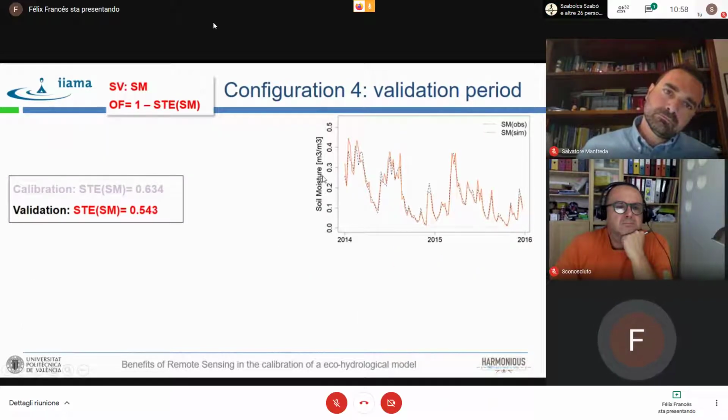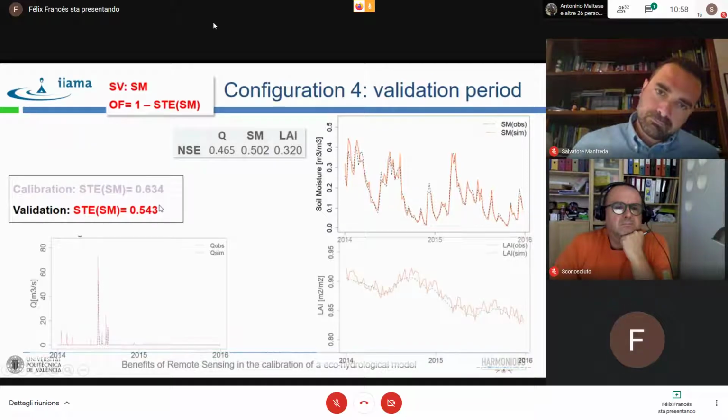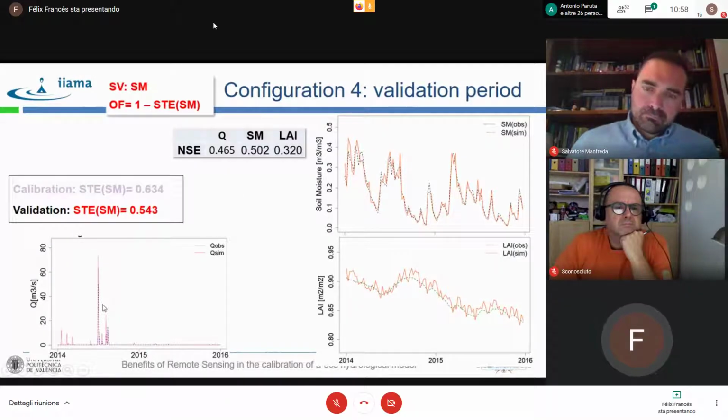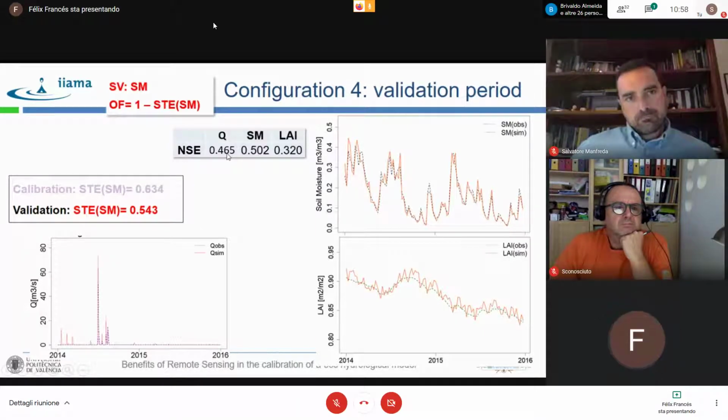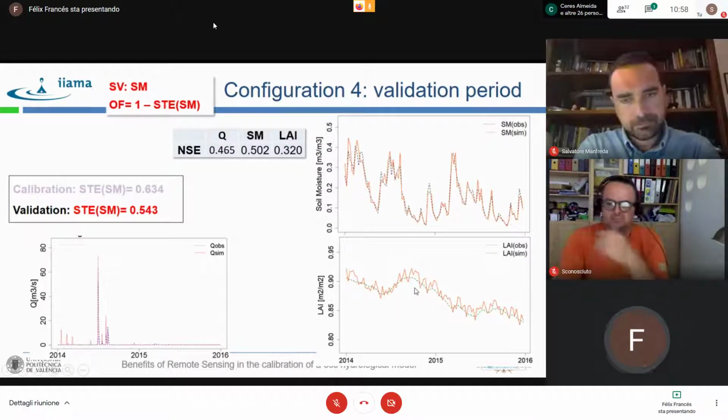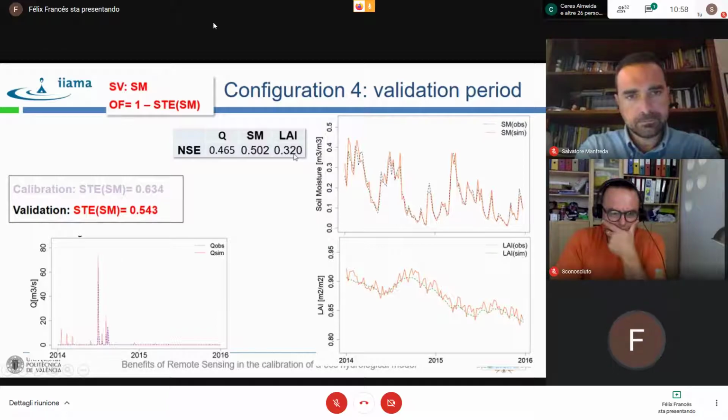In the validation it is also relatively good, with a very small degradation of the performance, which is something important in mathematical modeling. And if we look at the discharge, we didn't use the discharge for calibration. This is the validation, and it is almost similar to using the discharge for calibration. And for the leaf area index, in this case, the bias was corrected and gave a relatively good value.